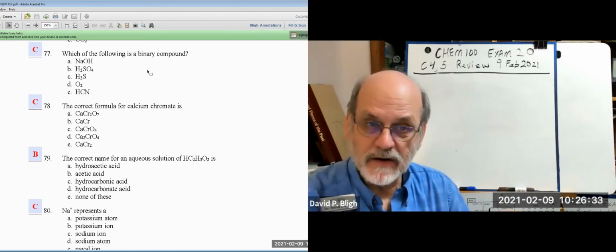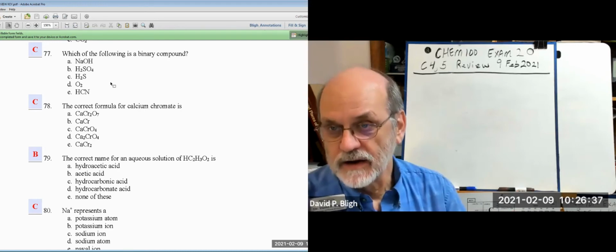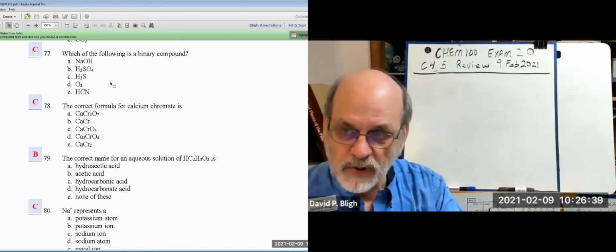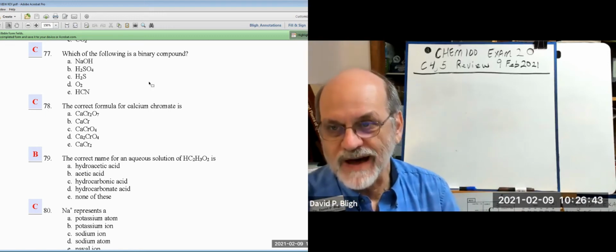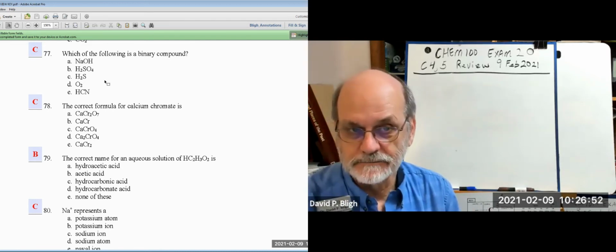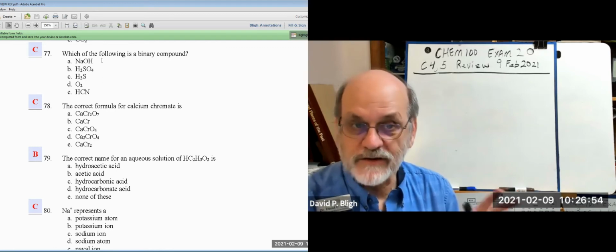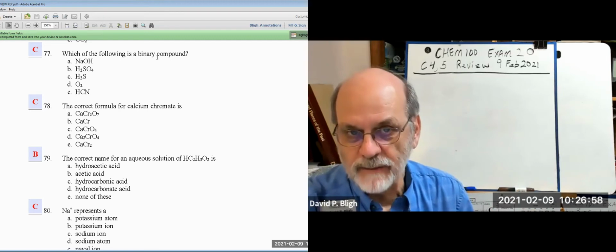Now, are they binary? Well, from my definition, all the rest of them are binary. But the authors in your book say that they have to be 2 elements. So by that definition, C is the only binary compound in there. It's got hydrogen and sulfur. That's it. So to answer this question, you have to use the author's definition of binary compound.